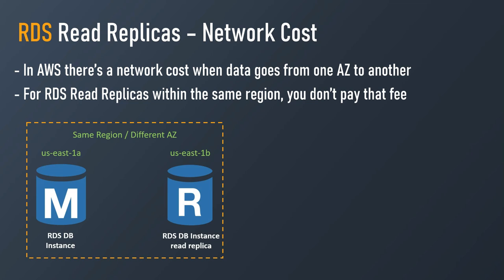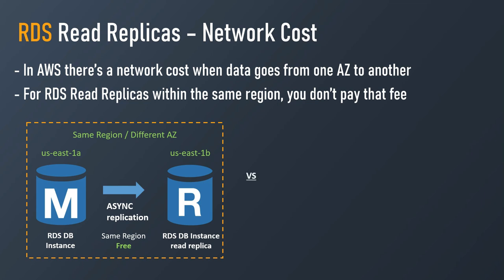So if you have an RDS DB instance in US East 1A and then a read replica in US East 1B, and there is asynchronous replication because this is a read replica, even though the traffic goes from one AZ to a different AZ, that replication traffic is going to be free because RDS is a managed service and they give you that traffic for free.